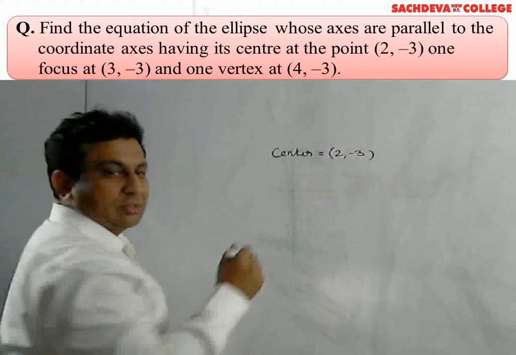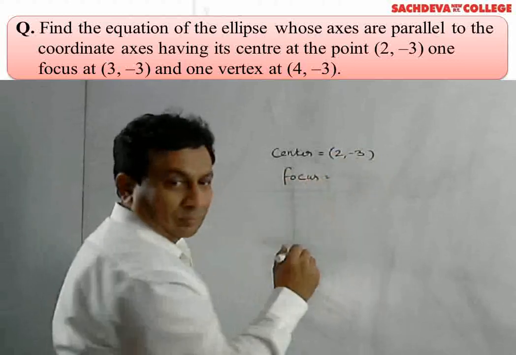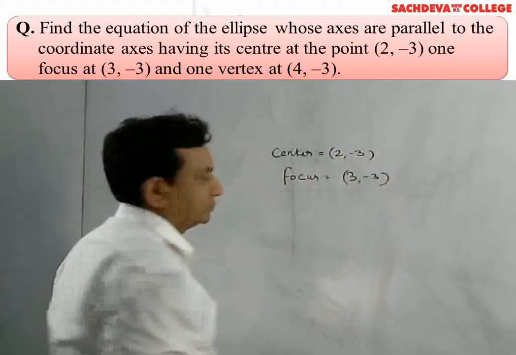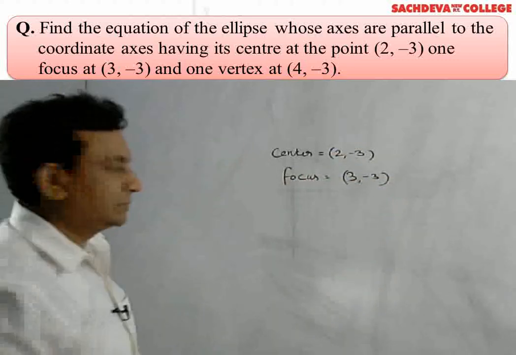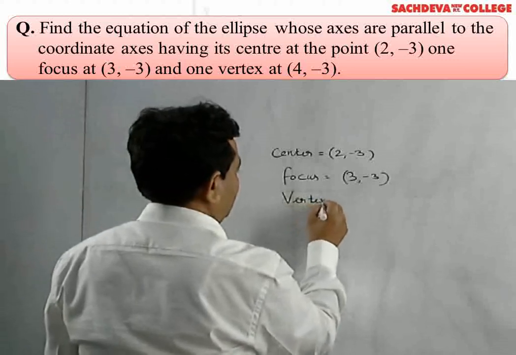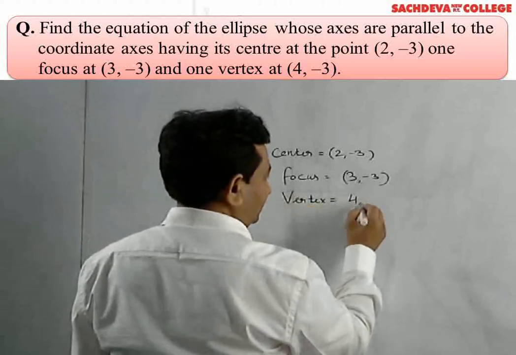One focus is 3, -3 and one vertex is 4, -3.